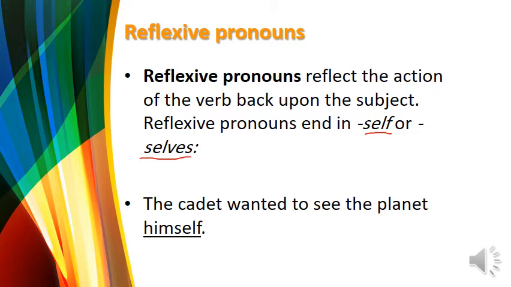Here, cadet means a trainee in the army. So anyway, it's a he, so it means he himself. Of course, these sentences are related to one of the stories. The reflexive pronoun is himself, and it refers to this word cadet. So the reflexive pronoun has an antecedent.